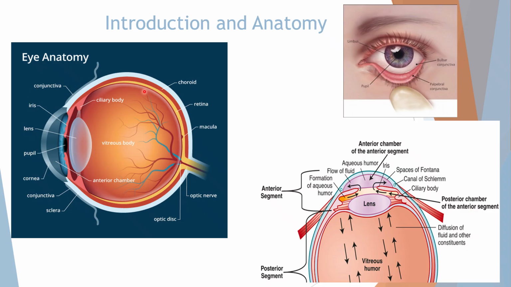So the eye itself is a hollow organ and it must be kept in shape for vision to occur. So to maintain this shape, that fluid must be kept stable. This vitreous body fluid and the aqueous humor fluid. Okay.